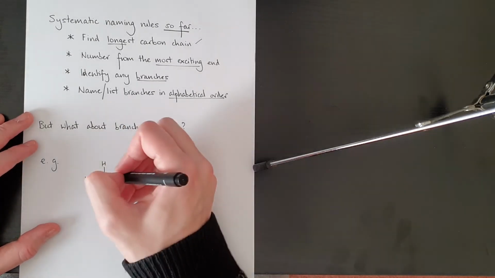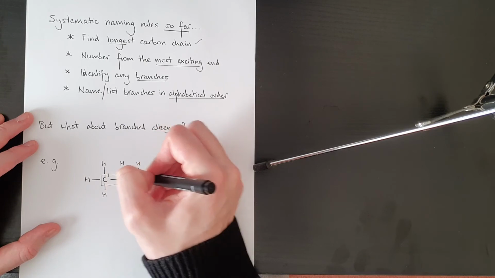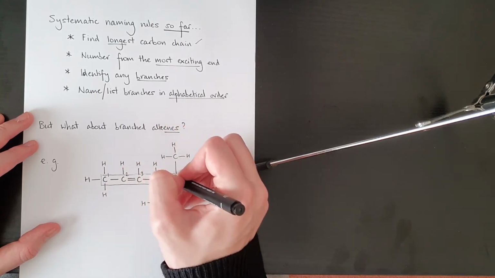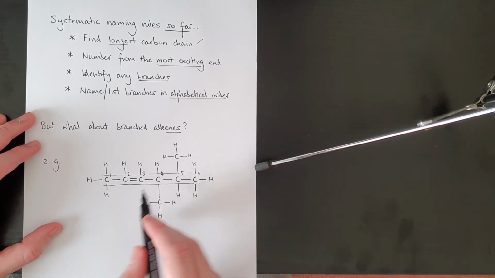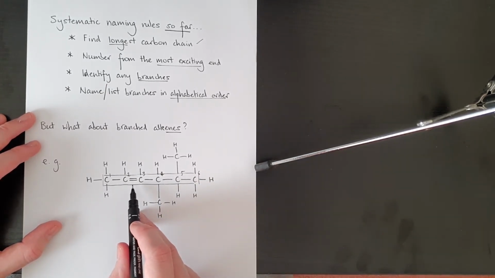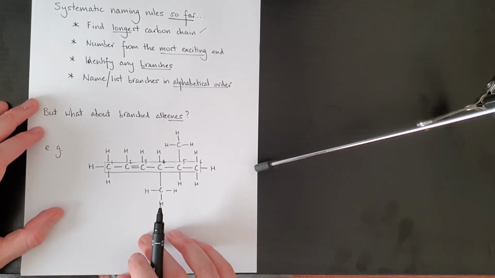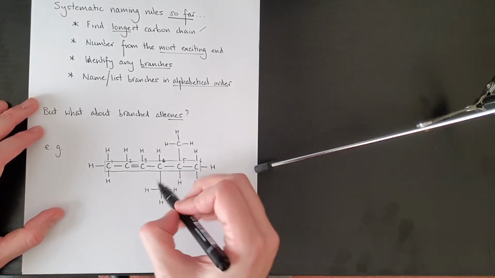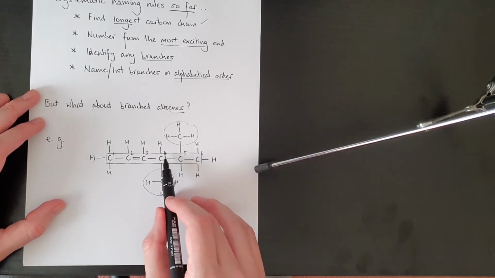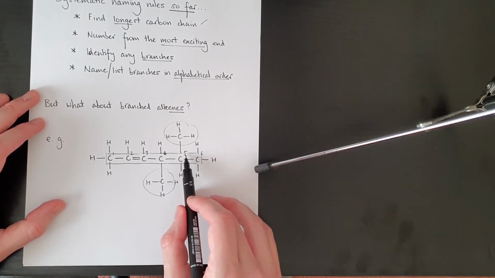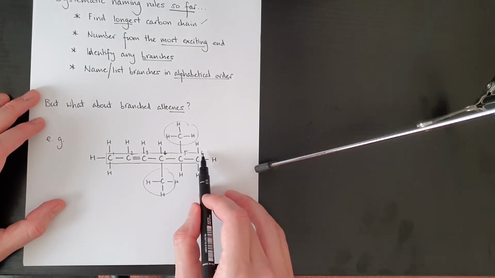So if we start numbering, we would in fact go from 1 to 6 from left to right because our double bond is closest to this side. And now we can start trying to name it. So we have a methyl group here and we have a methyl group here. They are joined on to carbons 4 and 5 based on how I've numbered my longest chain.